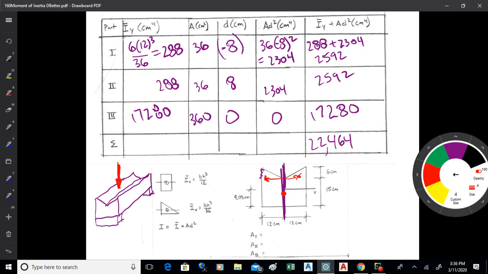Maybe it'd be better if I showed that on the other page, because for a loading like that from the side, I would use the number I just calculated, I sub y, because then you're bending about a y-axis like that, on the cross section.